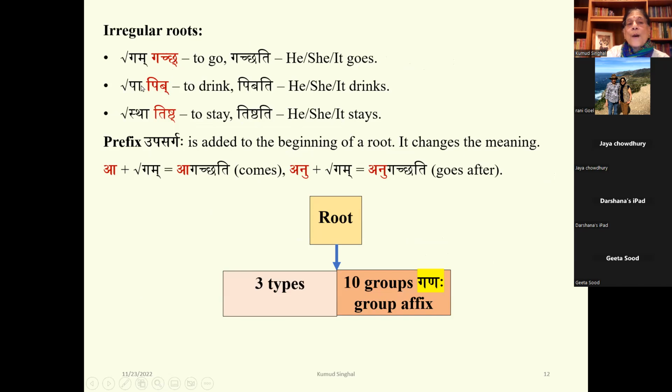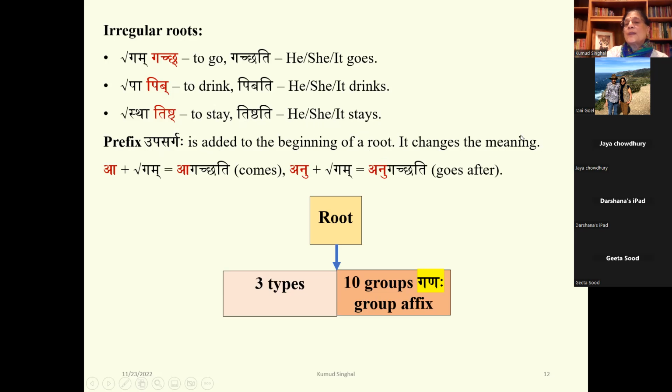The dhatu pa becomes pib, to drink. Pibati, he, she, it drinks. Stha becomes tishtha, which means to stay. Tishtati, he, she, it stays. Now, a prefix which is called an upasargah is added to the beginning of a root.